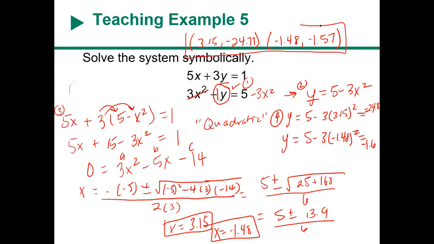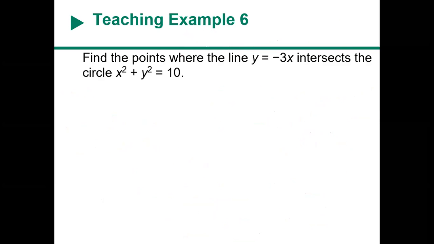And that makes sense because if I have a parabola and the parabola looks like this, when a line goes through it, how many points am I going to hit? My line can potentially hit 2. All right, questions about doing it symbolically?